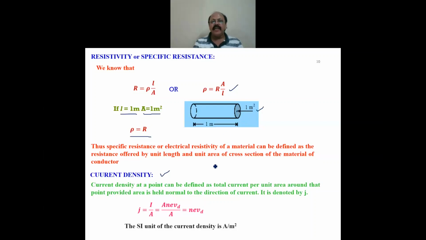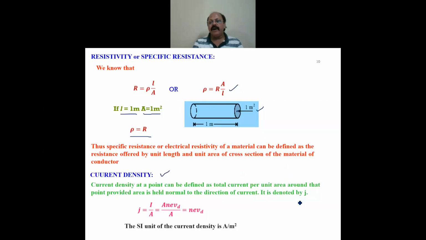So current density at a point can be defined as the total current per unit area around that point, provided area is held normal to the direction of the current.